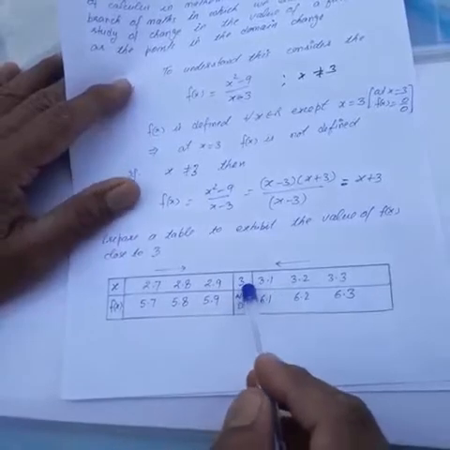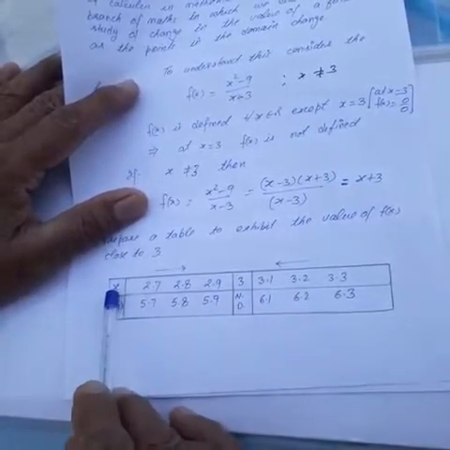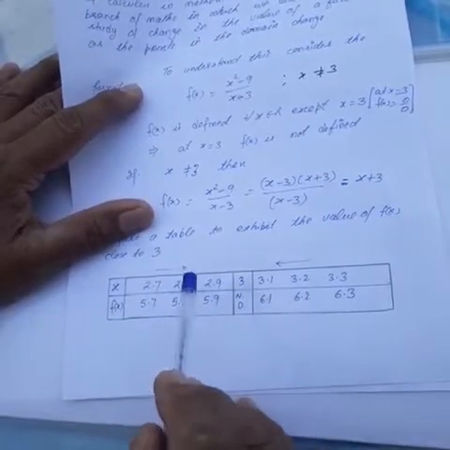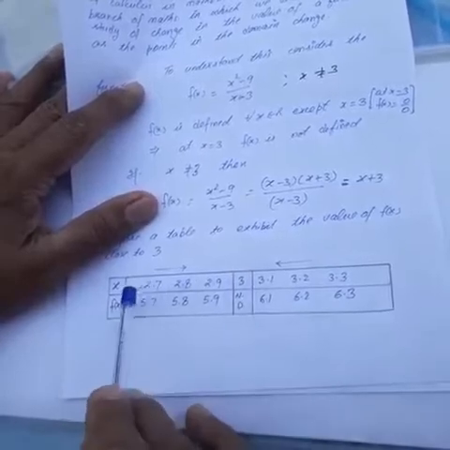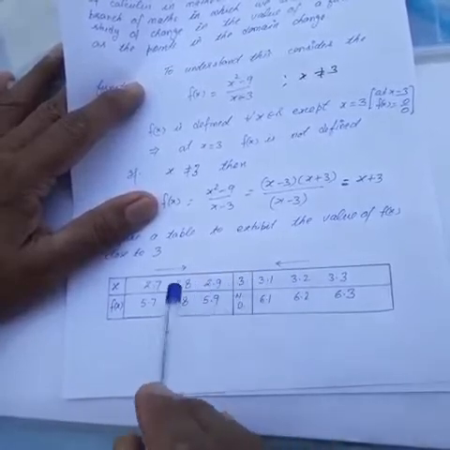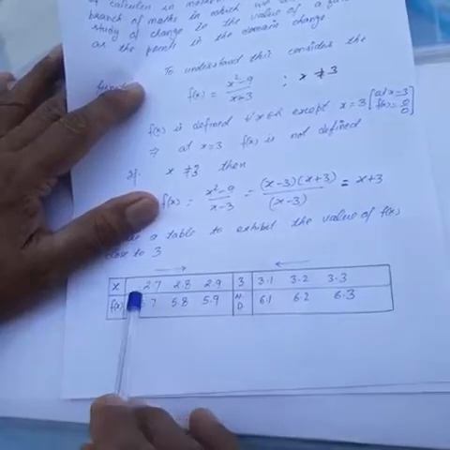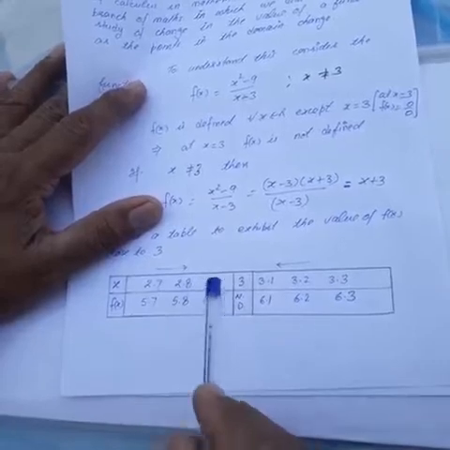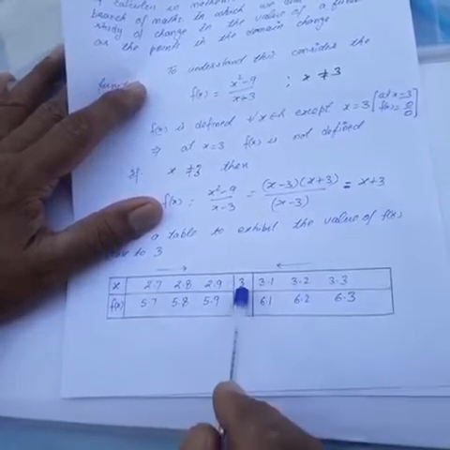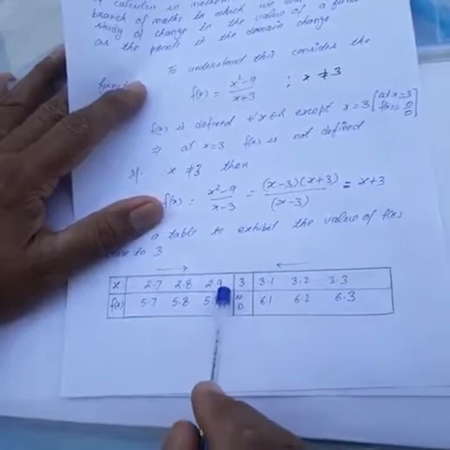At x equal to 3 the function is not defined. When x is approaching 3 from left, all these values are on the left hand side of 3 on the number line. The value is increasing: 2.7, 2.8, 2.9, then 2.99, 2.999 and so on.